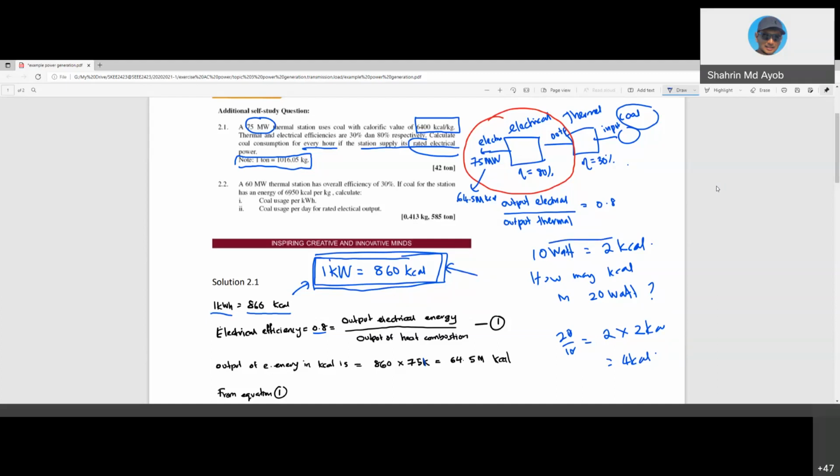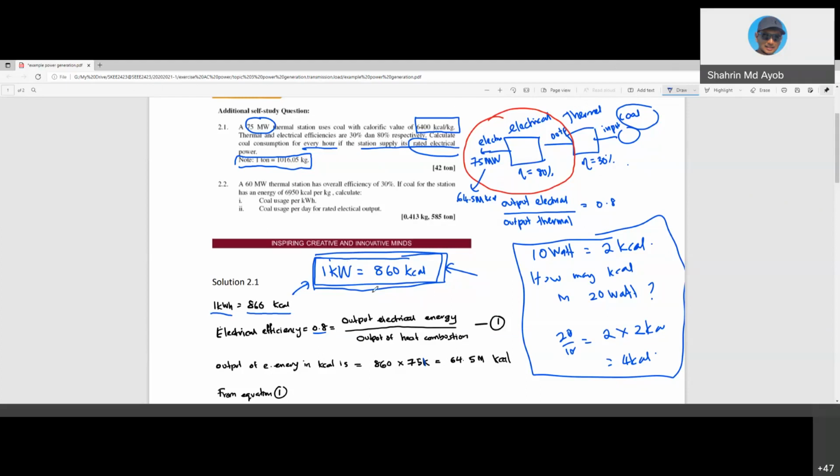It actually refers to this one. Just now it was 1 watt, 1 watt is 2 calories. But right now this one is 10 watts, so how many 10 watt in 20 watts? Only 2 times. So I hope you always remember this, because it is very crucial.